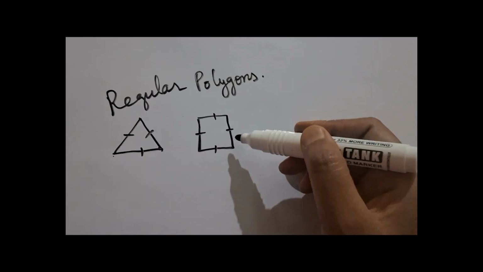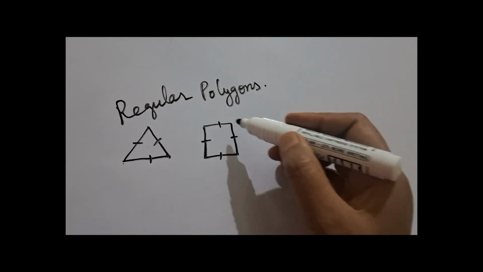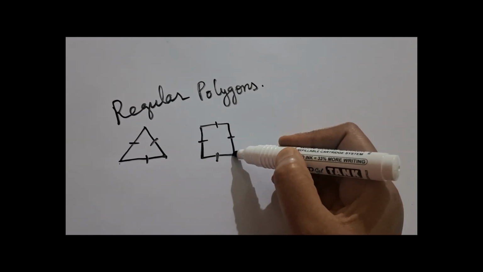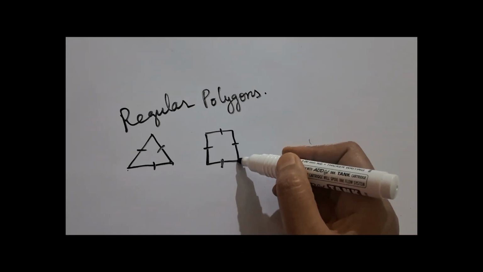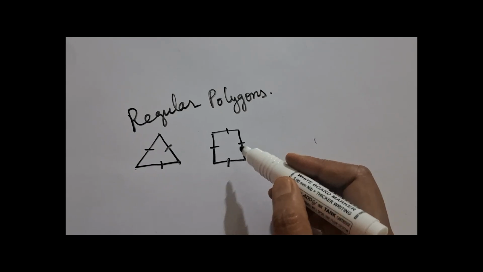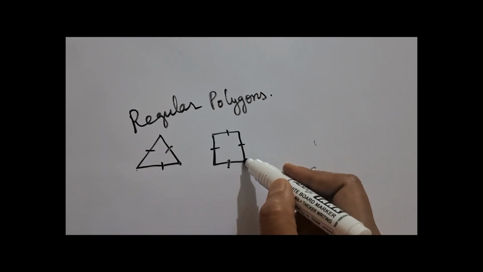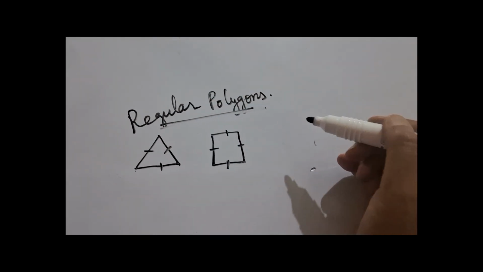And if we observe this one, this is a square because all sides are same. Here also it is 4 sides but having all sides same. In this way children, whatever polygon it may be, if it is having all sides same, then that type of polygons are called as regular polygons.